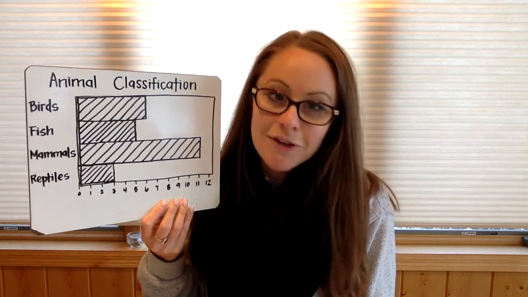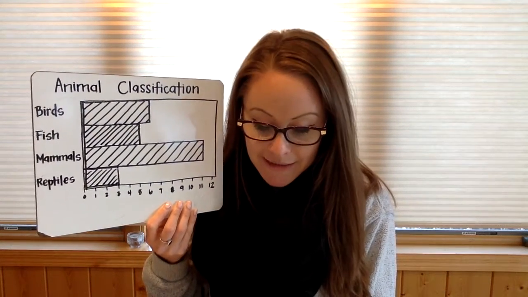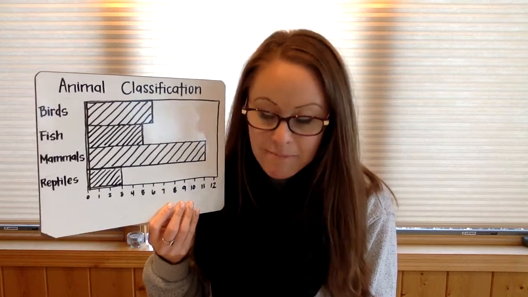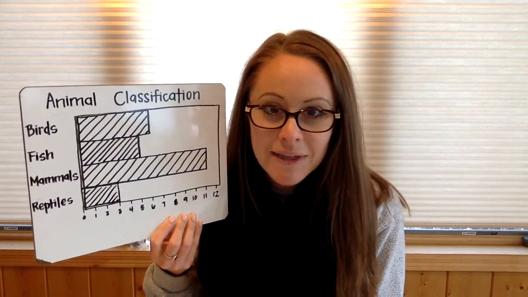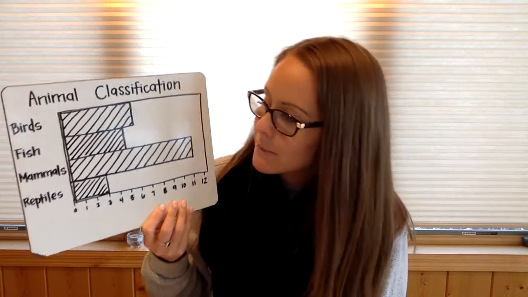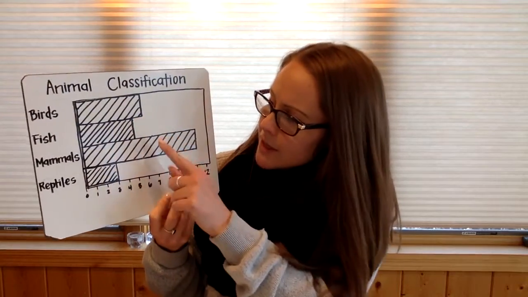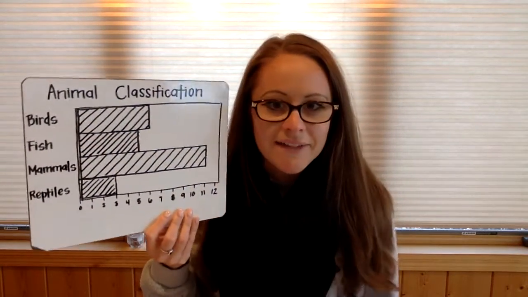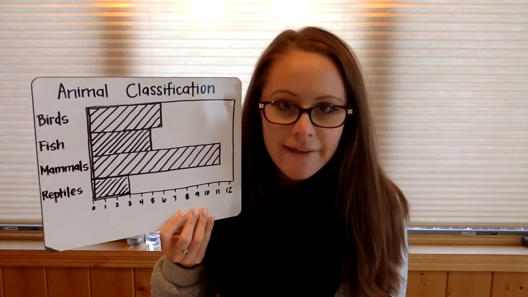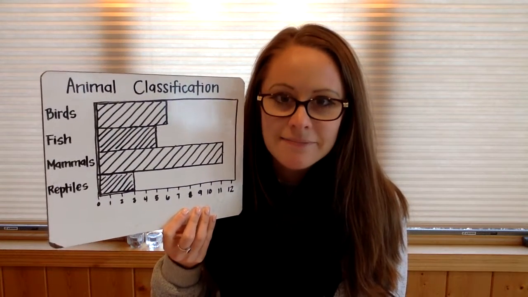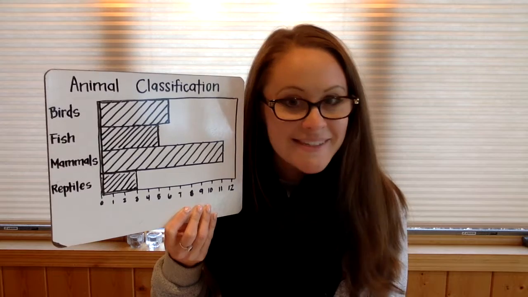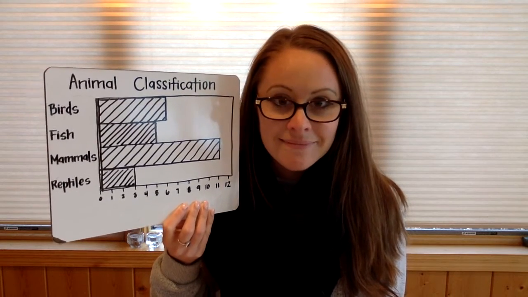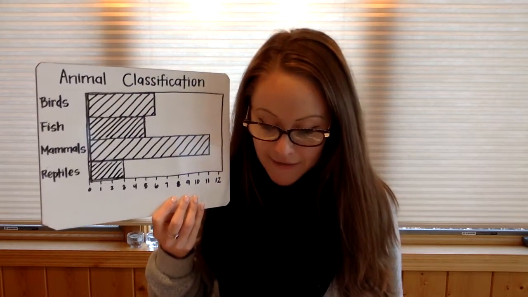The first thing I'm going to think about is birds and mammals. I'm going to add those two up to see how much we have. Birds, we said that was 6, and mammals was 11. So what is 11 plus 6? 17, right? 11 plus 6 is 17.